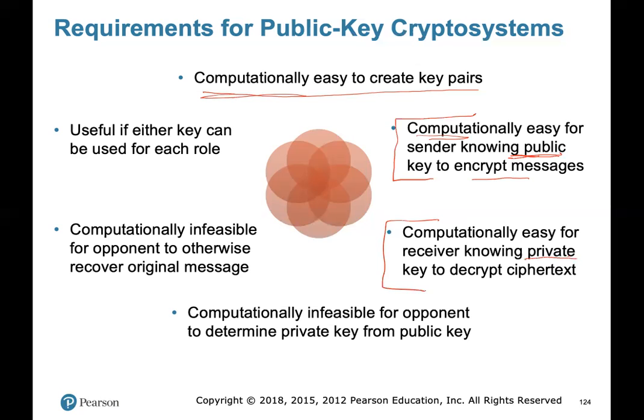If I'm a legitimate receiver and I have access to the private key, this means that this message has been encrypted for me. I'm the legitimate recipient of this message. It should be computationally easy for me to decrypt and get to the plaintext.